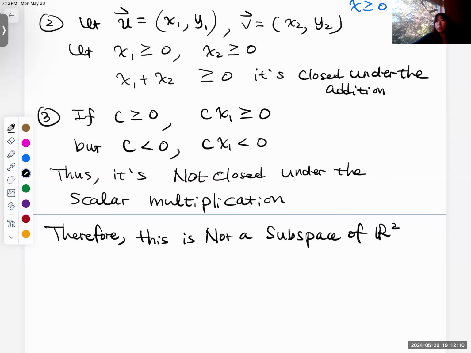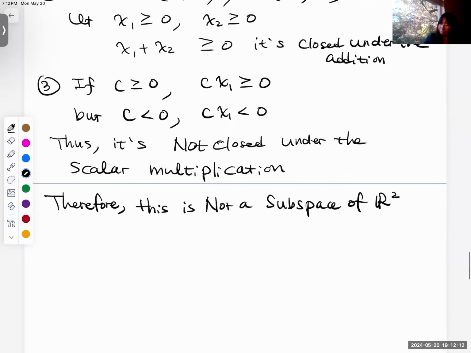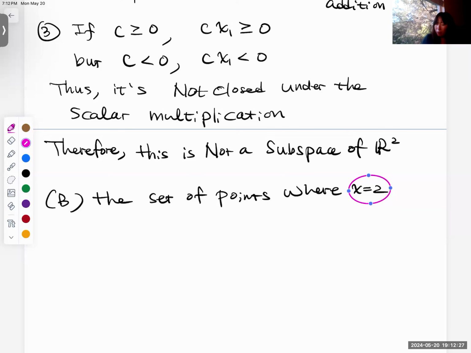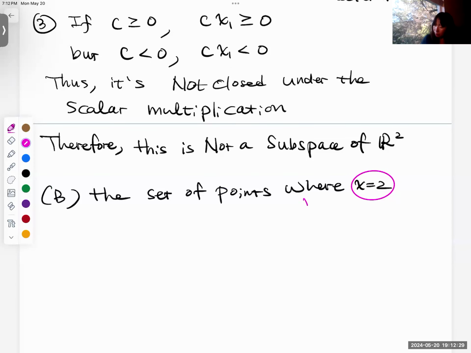Okay, second one. The set of points where x equal to 2. So x equal to 2 means vertical line, right?